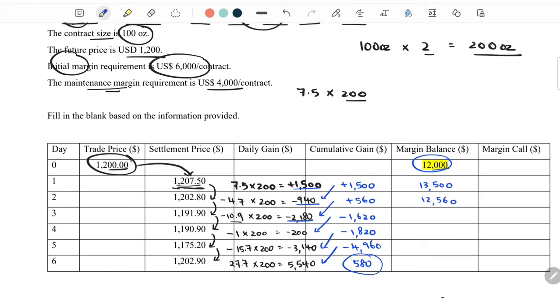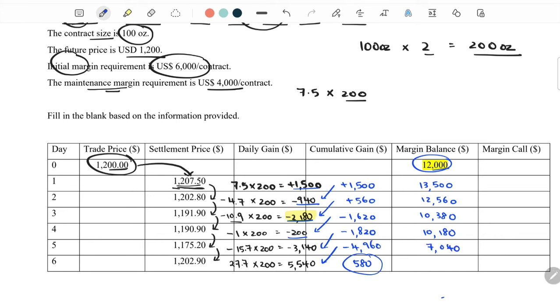Then minus 2,180, we get 10,380. Then we minus the 200 again and we get 10,180. Then I minus again the 3,140.